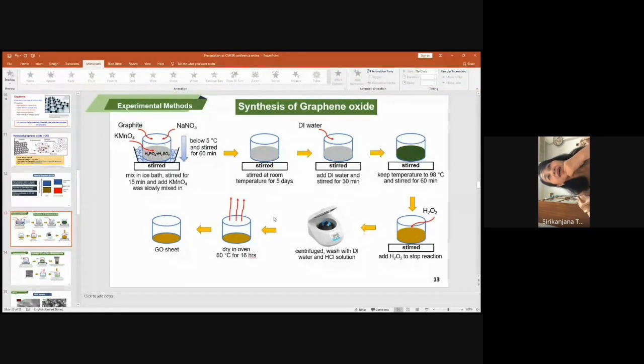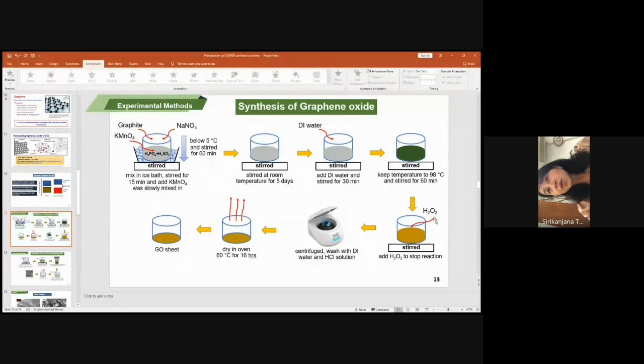After that, we continue stirring at room temperature for 5 days. Then we add DI water and continue to stir for 30 minutes. Finally, we keep stirring at 90 degrees C for 60 minutes.